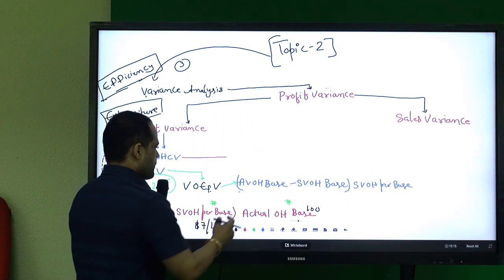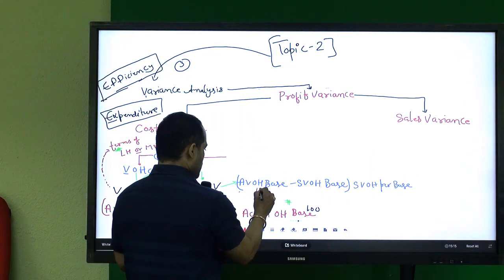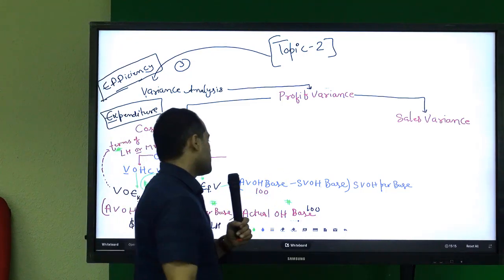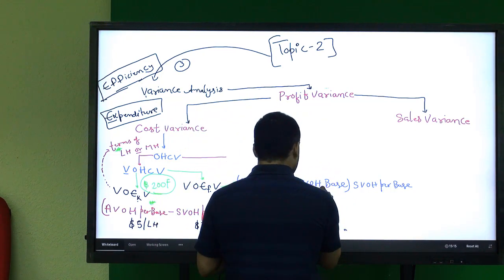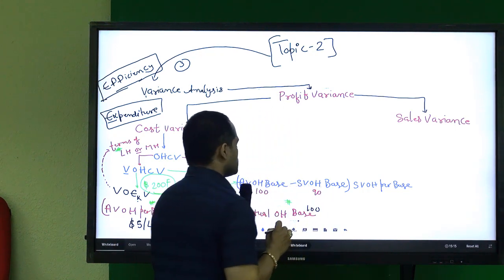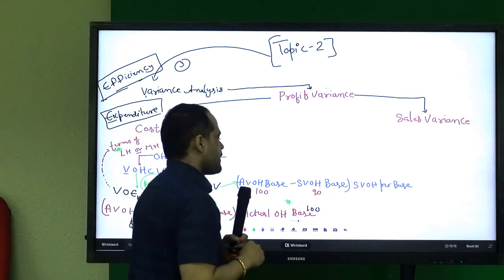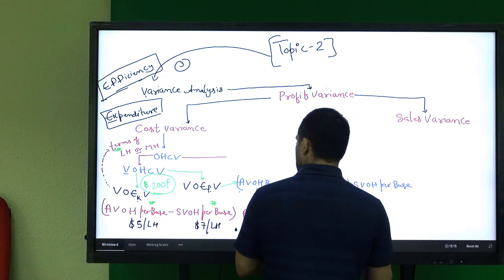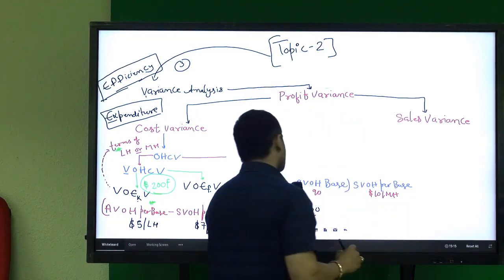So let's say actual variable overhead base, same number I used here, which is 100 machine hours, all right? And standard is 90, right? And standard variable overhead per base, let's say it's $10 per machine hour.